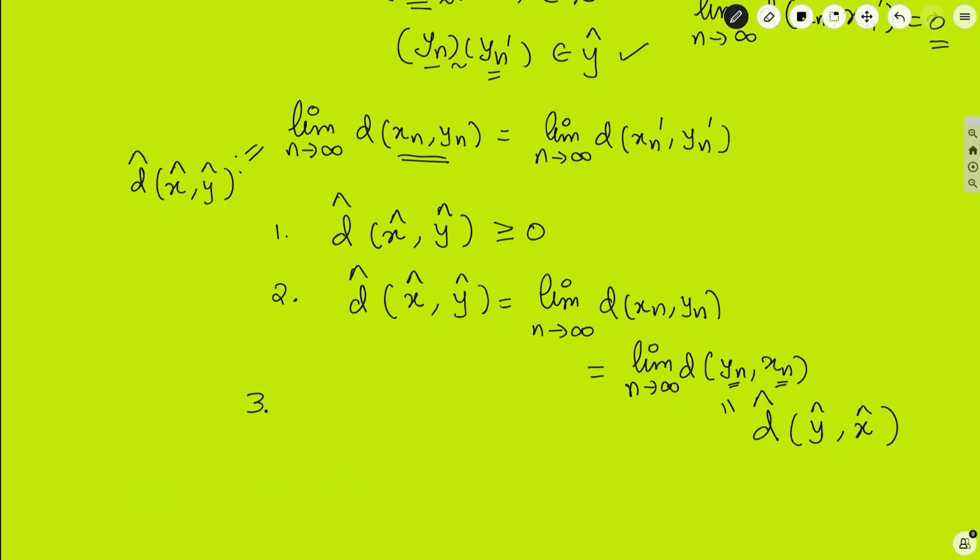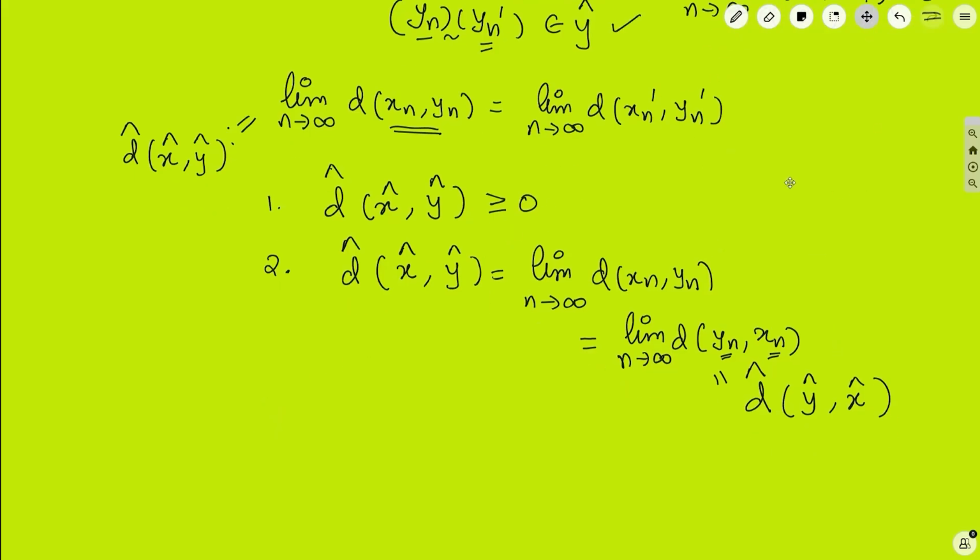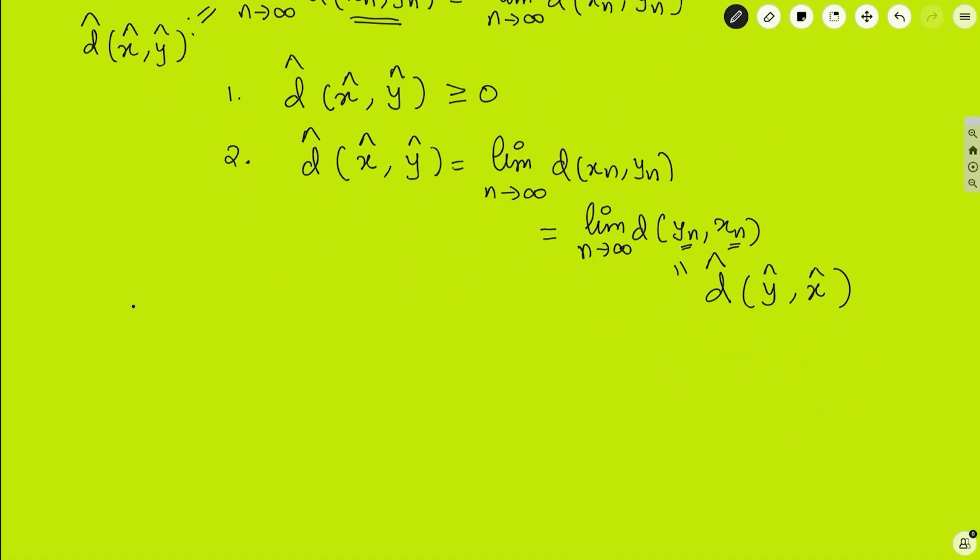So it's symmetric. Now the only thing left is to check whether the triangle inequality holds. How do we check it? If you take the distance between xn and yn, this is just the nth term of the sequence, not the sequence itself.